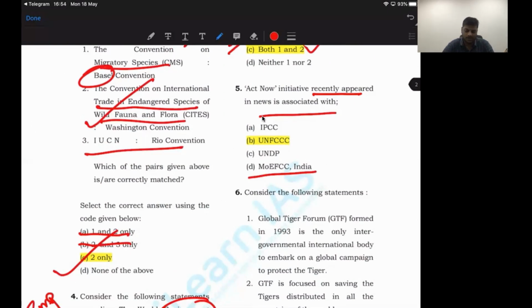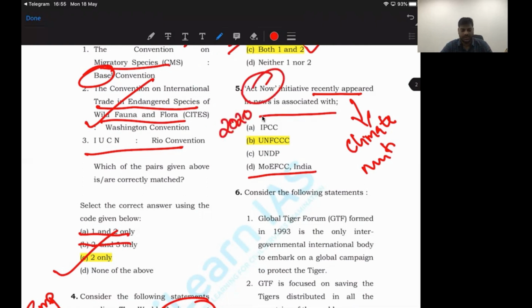A similar question was asked last year: Climate Neutral Now, the previous initiative of UNFCCC. And this one is Act Now, 2020's initiative, from UNFCCC. An initiative which calls for individual actions to prevent climate change. So for the fifth one, B is the correct answer.